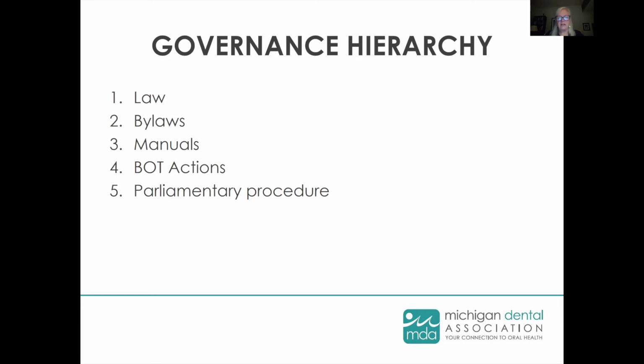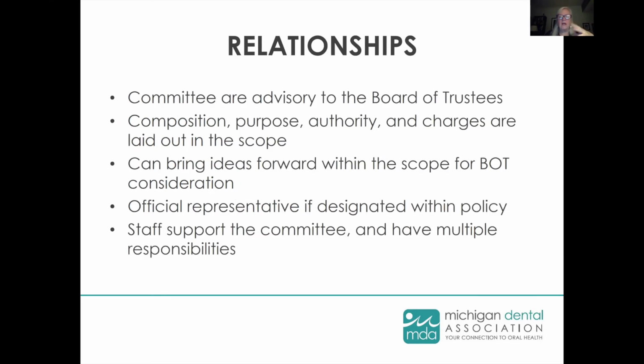Then in addition, any Board of Trustees actions. And finally, if 1 through 4 are silent on it, the governance hierarchy says that decisions about decisions will be made through reviewing parliamentary procedure. This is very unlikely to have an impact on you in the committees, but I just wanted you to know how this all works together.